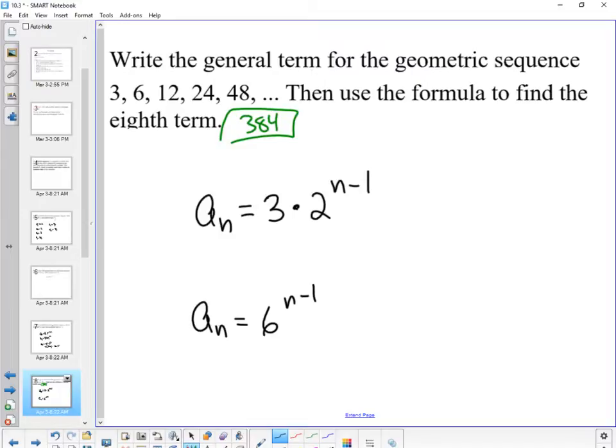How do you find it? To find the common ratio, you're going to take the second value and divide it by the first value. That will give you the common ratio, and it should work for all of them. It doesn't matter which two you take, as long as you don't do one before the other, because it is a common ratio. That number should be pervasive through the whole thing. But if it isn't, then that means that's not a sequence.